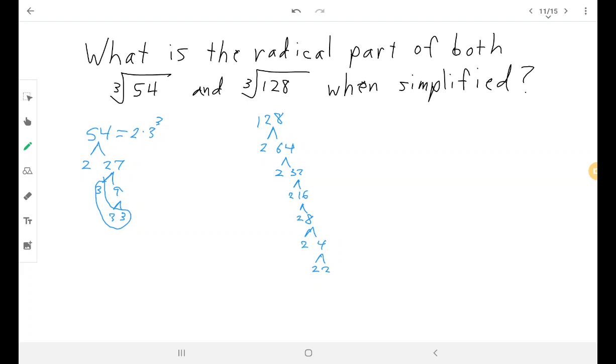So, how many 2's have we got here? 1, 2, 3, 4, 5, 6, 7 of them. There's all 7 of them there, so this can be called 2 to the 7th power. Okay.